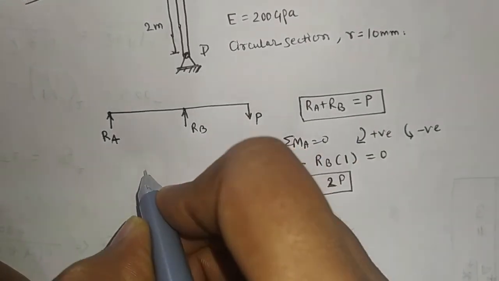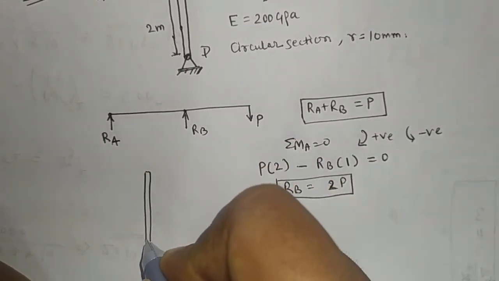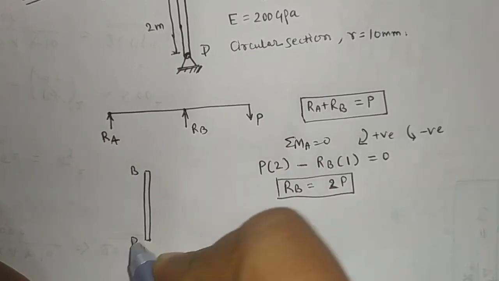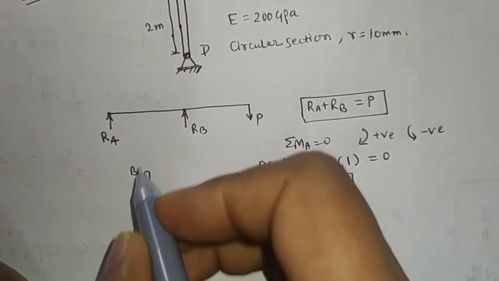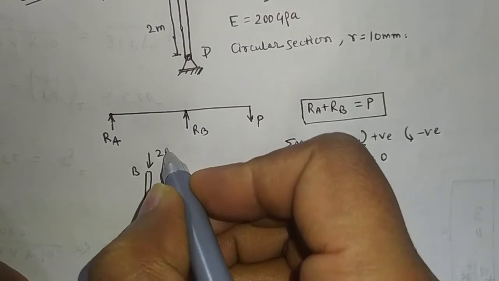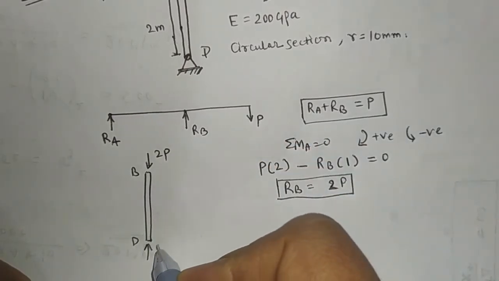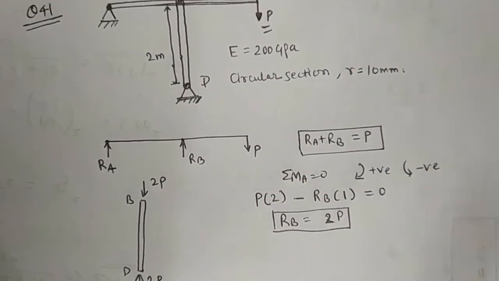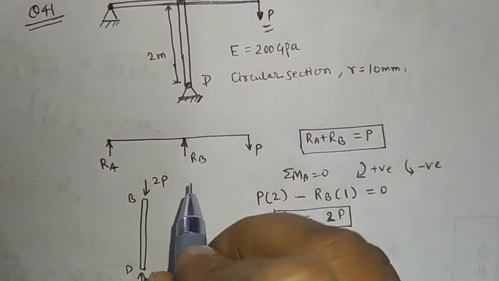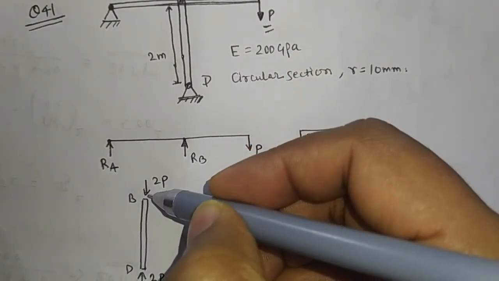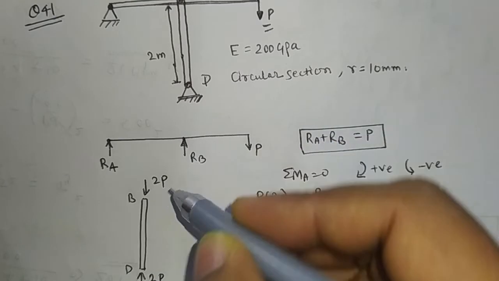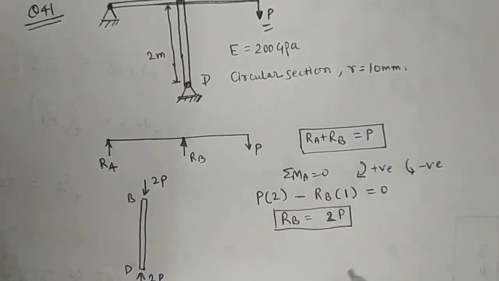So the column B and D will be subjected to a load of 2P. As Rb is acting upward, the reaction at point B will be downward, which is equal to 2P.